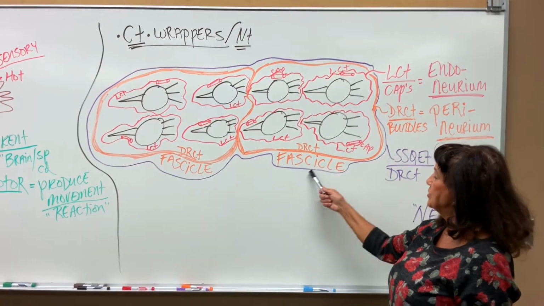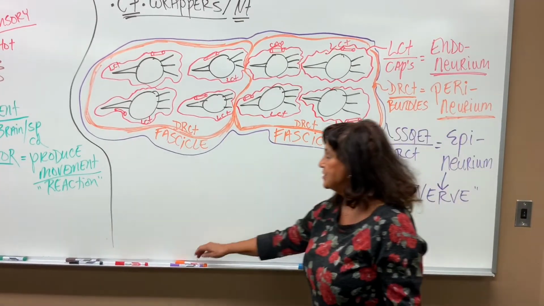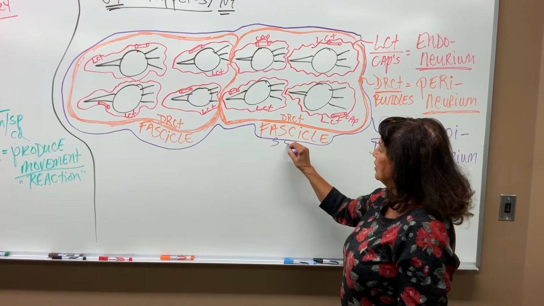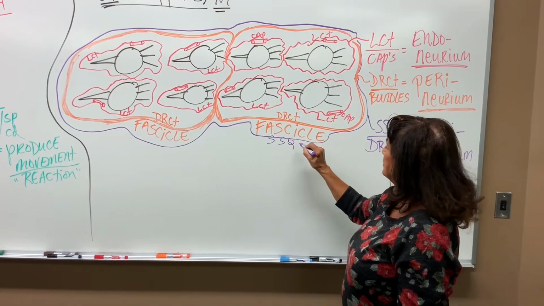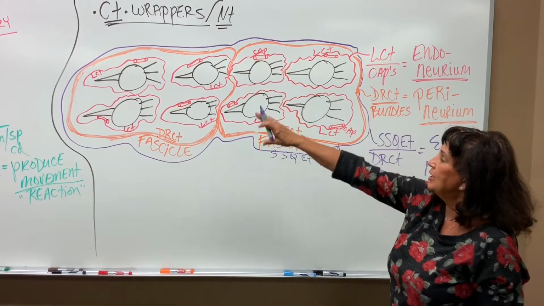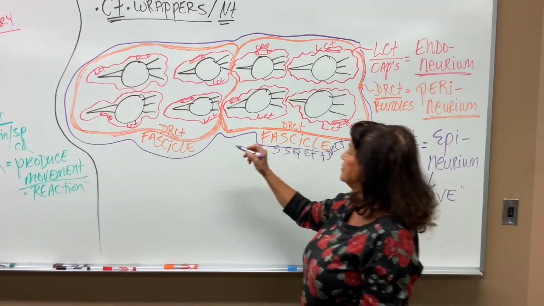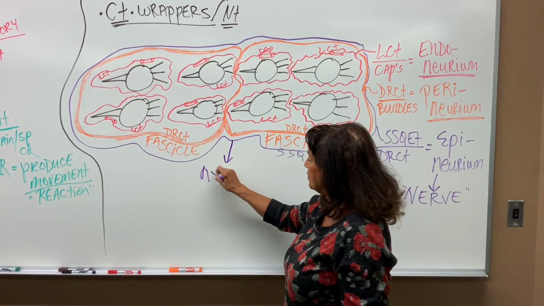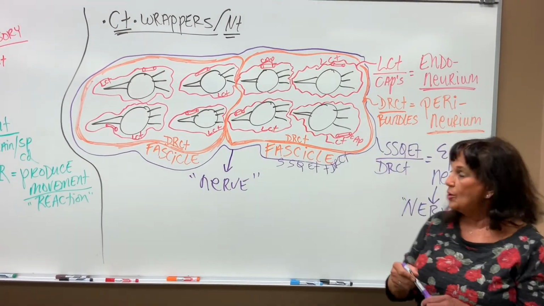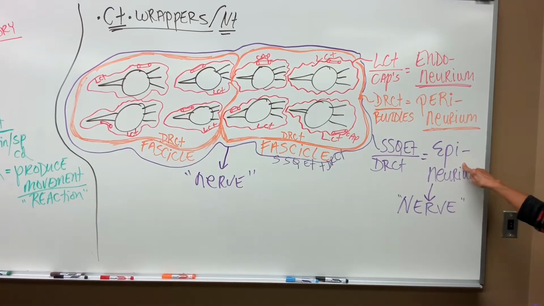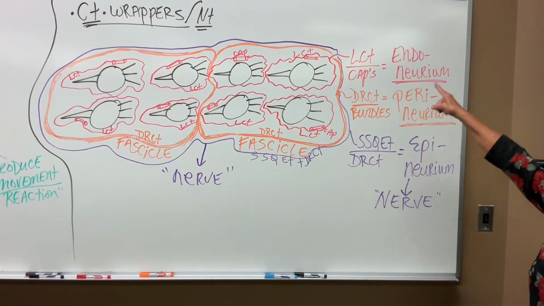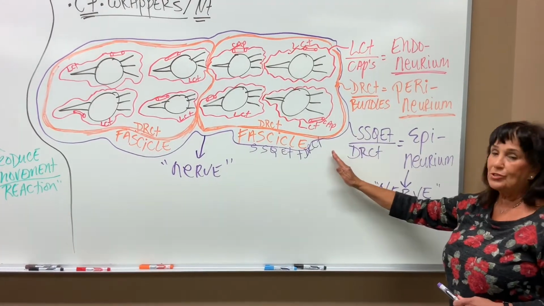This is simple squamous and dense regular CT out here, going around to make a huge nerve. So this whole thing will make the nerve, whatever nerve you're talking about. The last term we're going to use is epineurium. That's going to surround all the bundles and make the nerve.